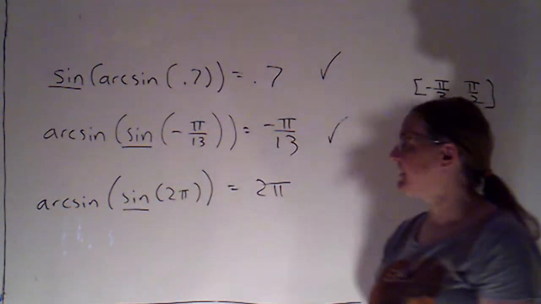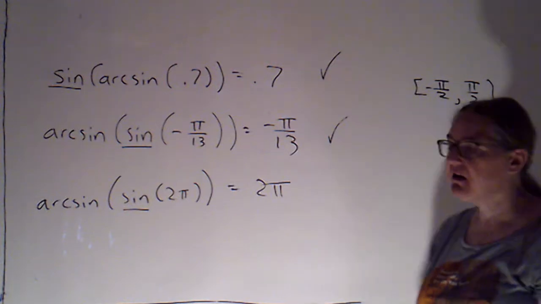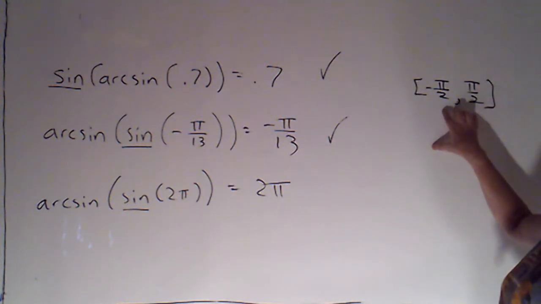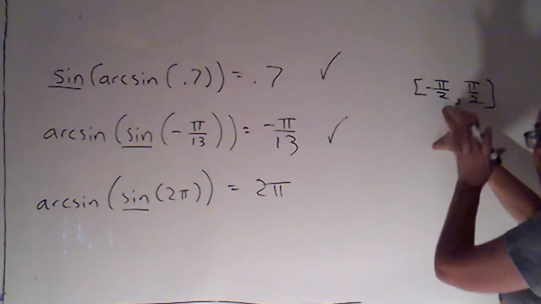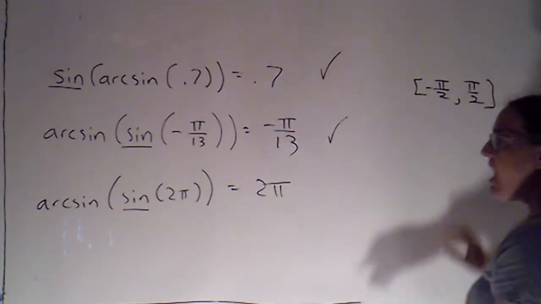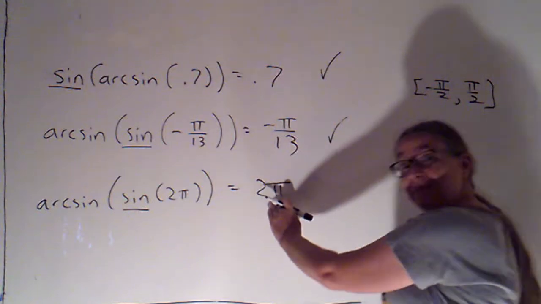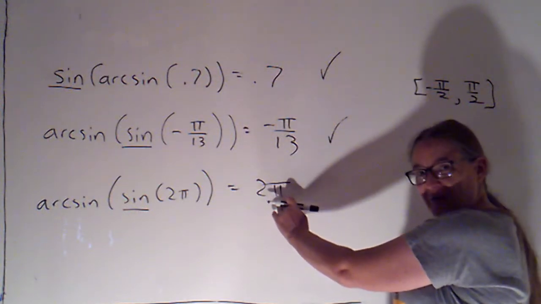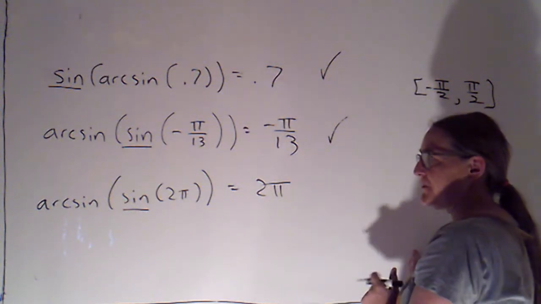Here, what am I plugging into sine? 2 pi. That's not in this interval. That's not part of the sine function with the restricted domain. Arcsine cannot give me a value of 2 pi. That's not in the range of arcsine.